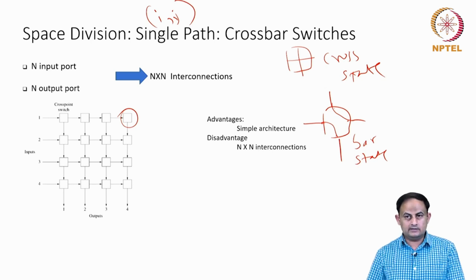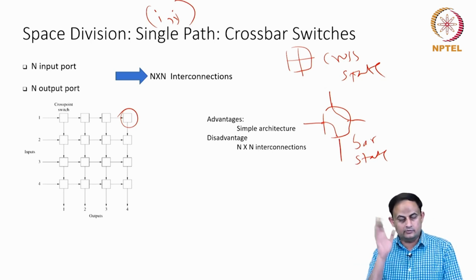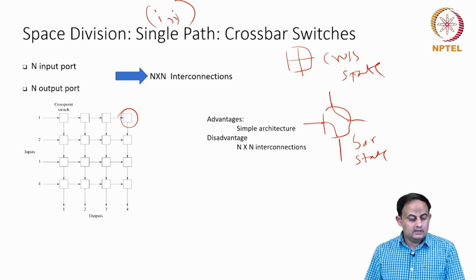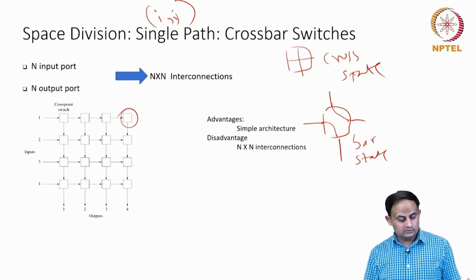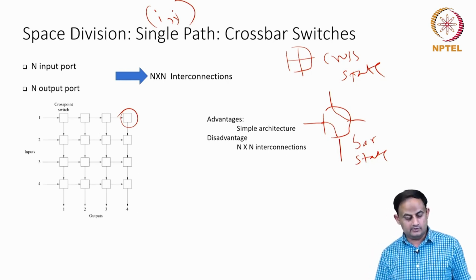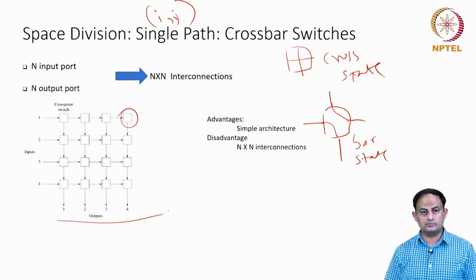The switch fabric corresponding to the crossbar design is organized something like this. On the left hand side, what you see is a bunch of input ports, and shown at the bottom are the output ports.